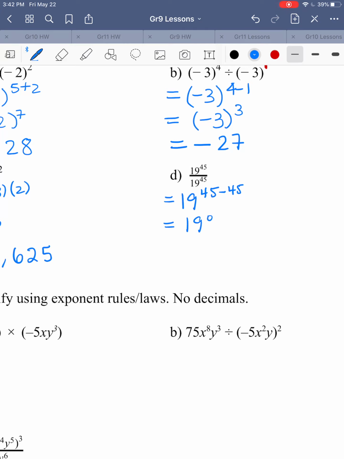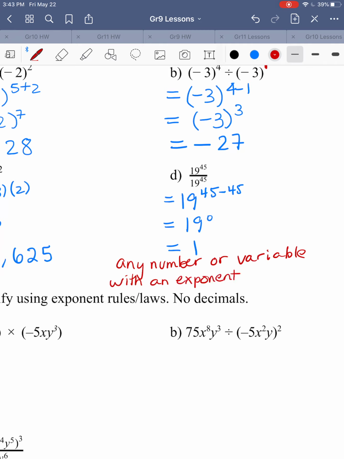Now any number that has an exponent of 0 is equal to 1. And I should say any number or any variable. So let's write that down. Any number or variable with an exponent of 0 is equal to 1.